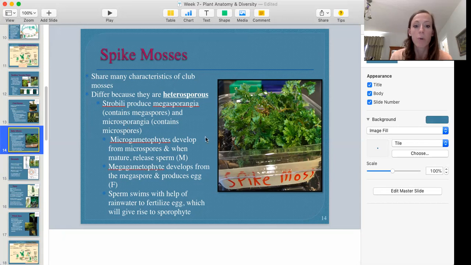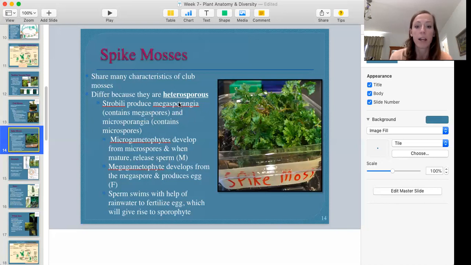And then they will go on to produce megagametophytes and microgametophytes. Of course, the microsporangia will release microspores, which will develop into the microgametophytes. This is all the male structures. And once the microgametophyte develops and matures, it will release sperm. Again, the male structure, the male gamete.